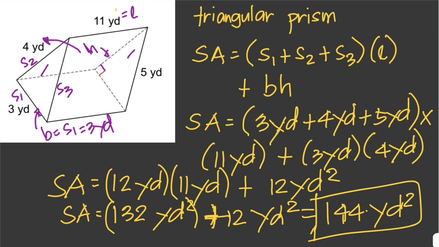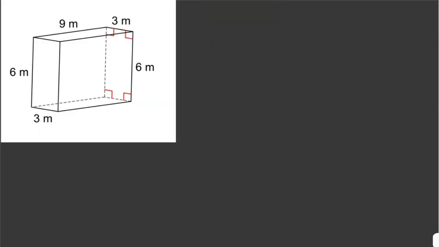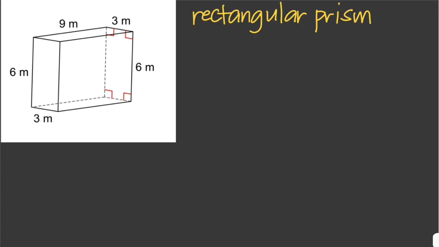Now let's solve another problem. What if we're given this figure here, and this is a rectangular prism, since the sides are not equal and the faces are all rectangular. Now to solve for the surface area of this figure, we just have to add up all the areas of its faces.